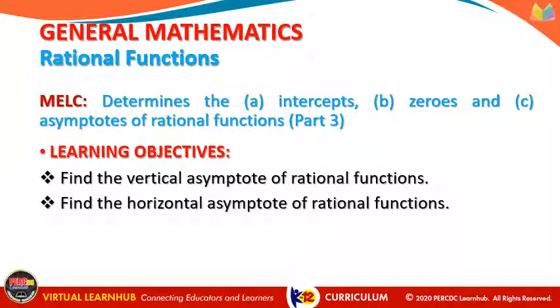And I said at that time that if we want to get the range of more complex rational functions, then we need to discuss first the concept of asymptotes. This is what we will do in this video. I hope we will learn how to solve for asymptotes so that we will be able to get the range and domain of more complex rational functions as well.